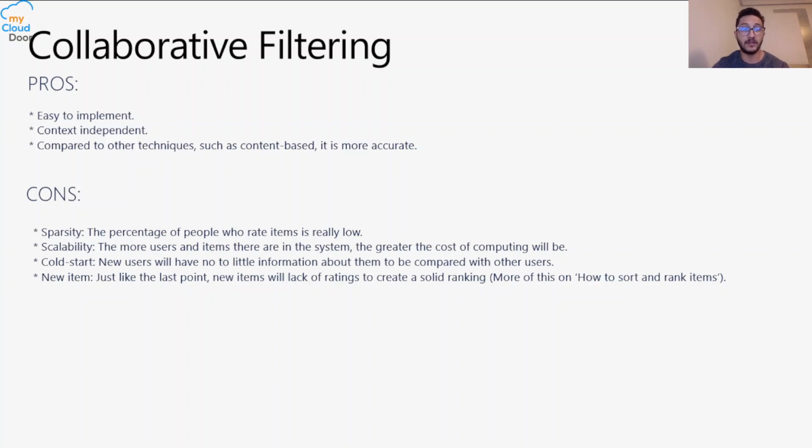The pros are it's very easy to implement. It's fairly simple. It's context independent compared to other techniques such as content-based, which we will be talking about later. It's a little bit more accurate.